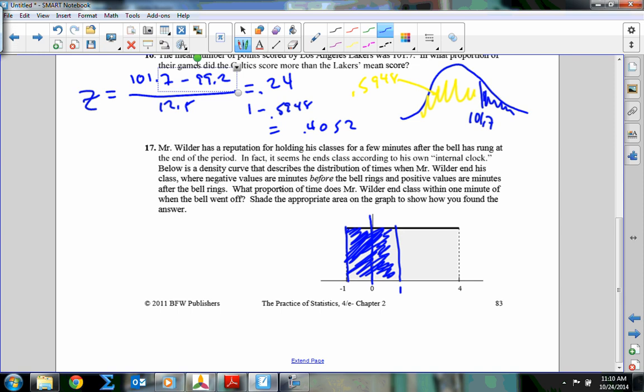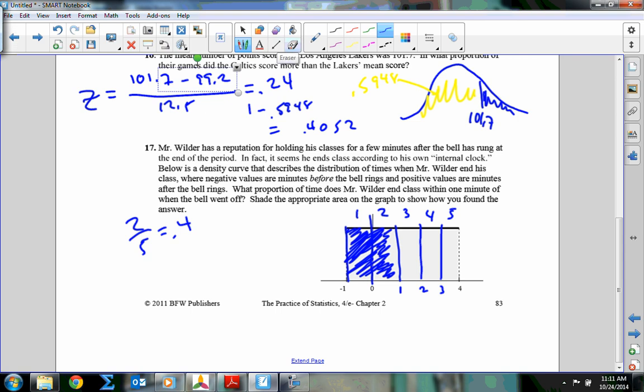And that's what it said, within 1 minute of the bell ringing. So I have 1, 2. If I imagine this is 2 and 3, and those are all minutes, then I can see that I have 5 equal sections. So 2 of the 5 are shaded, which is 0.4 or 40%.